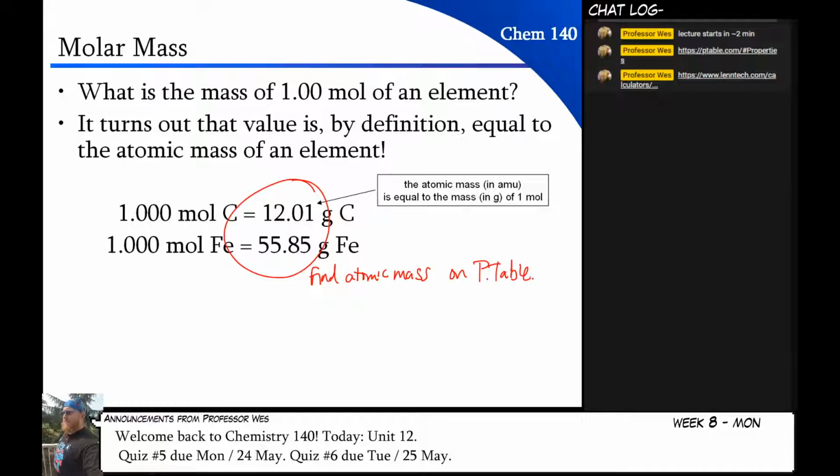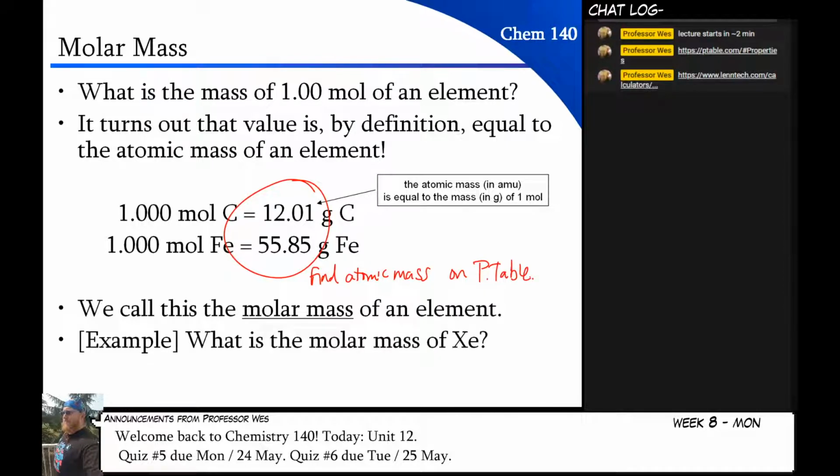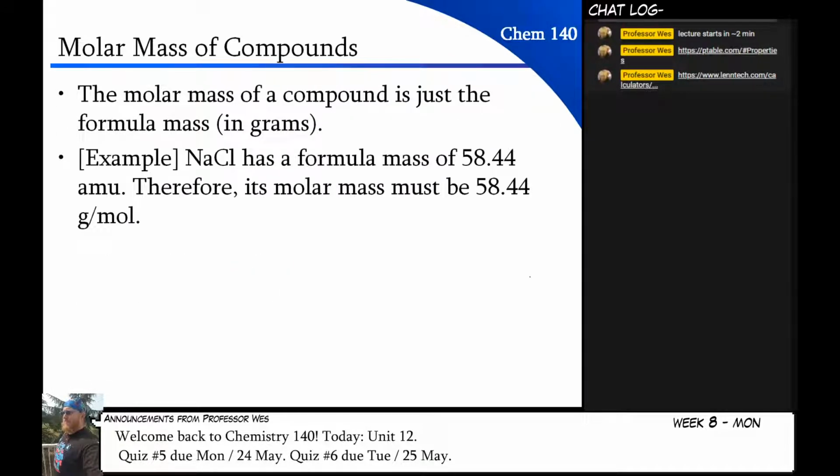But in order to turn moles into grams, I need to know what the element is that we're working with. So to leave you with one example, this is called the molar mass, by the way. So we can look up the molar mass of these elements. They're on the periodic table. That's not difficult to do.